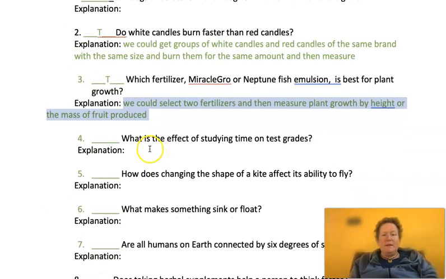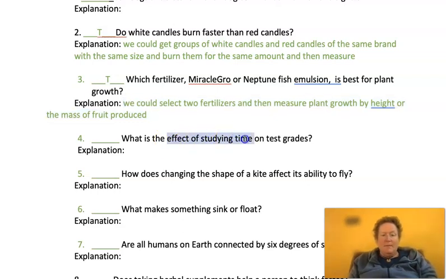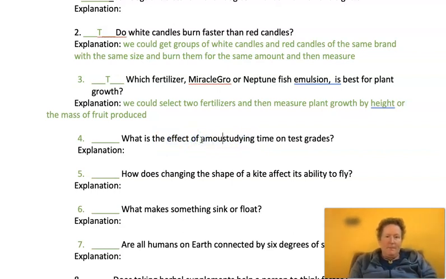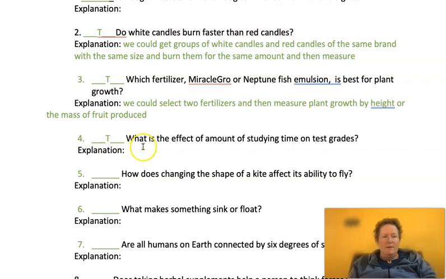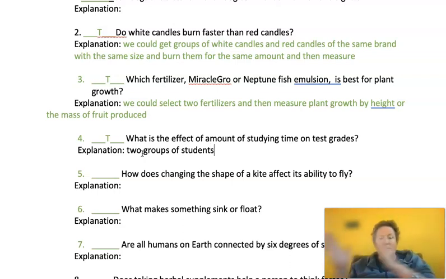What's the effect of studying time on test grades? Now, studying time's fairly clear. Test grades is fairly clear. So I would say, we could say the amount of studying time on test grades. This seems pretty testable. We could take 2 groups of students, randomly assigned to which group. We wouldn't say like all the 10th graders and all the 5th graders and then give them the same test.